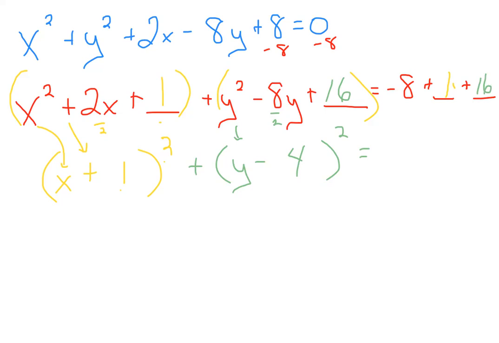What I add to the left, I add to the right. So now I've got my center, and we have negative 8 plus 1 plus 16 gives us 9.